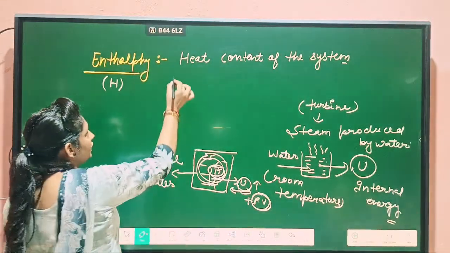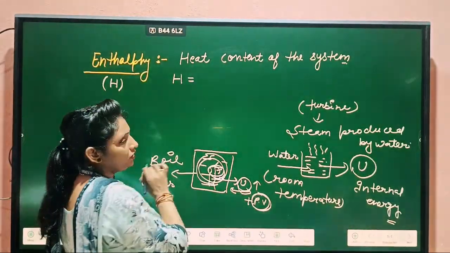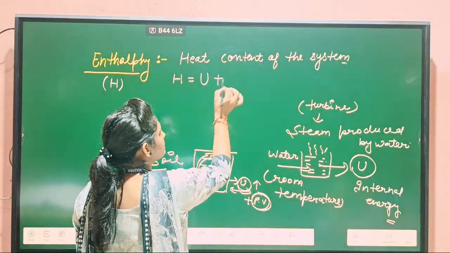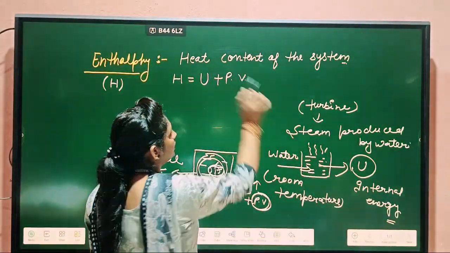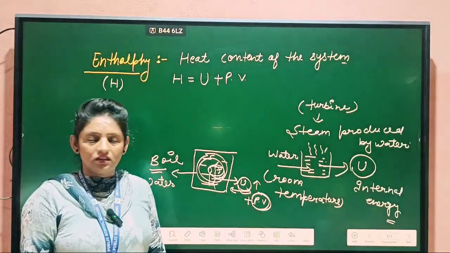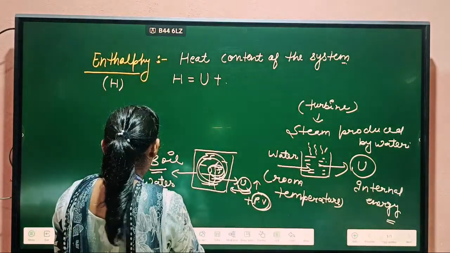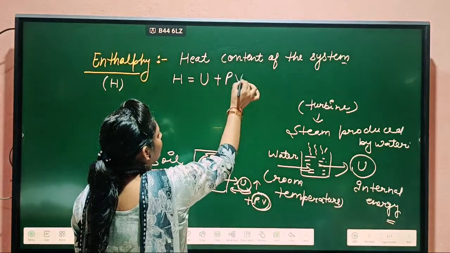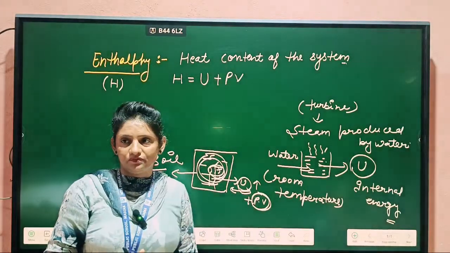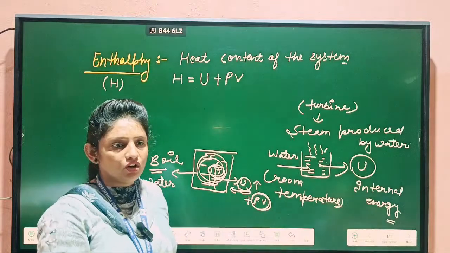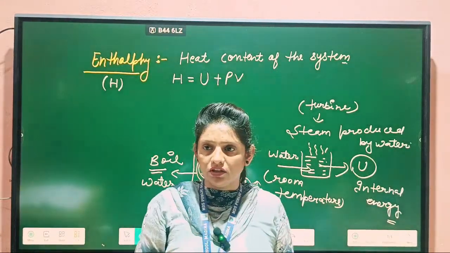So what is enthalpy? Enthalpy is equal to U plus PV. This one is the enthalpy. Enthalpy is the total heat content of the system. Is it clear to you or not? Any doubt in this?